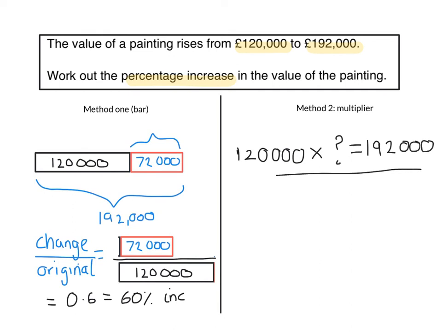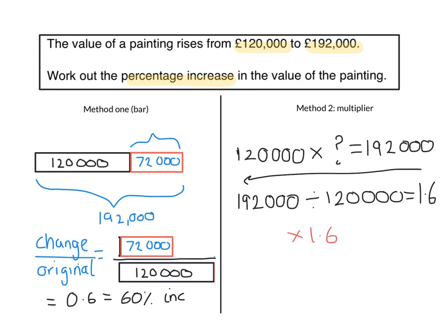If I do that backwards, 192,000 divided by 120,000, I get 1.6. So that means that my multiplier I've timesed by is 1.6. Now if I turn that into a percentage, remember to turn a decimal into a percentage, you need to times by 100.